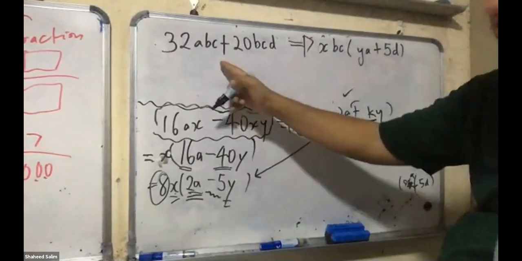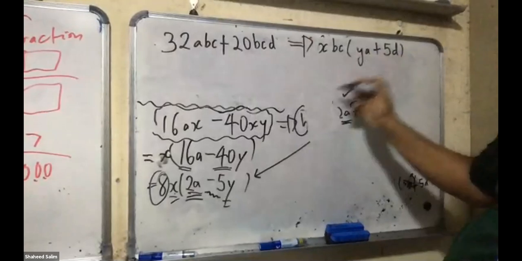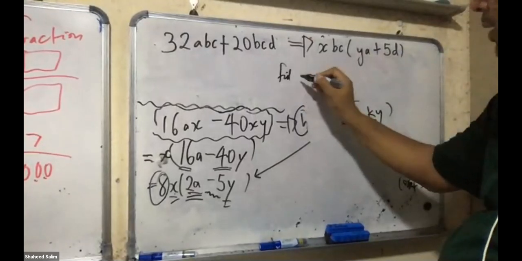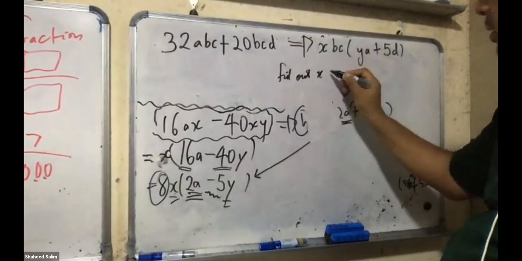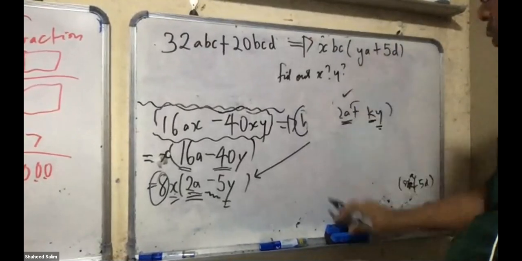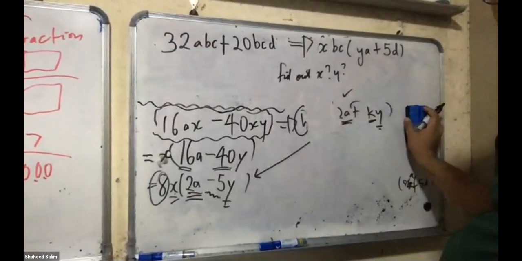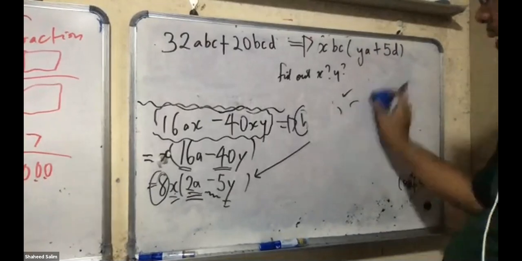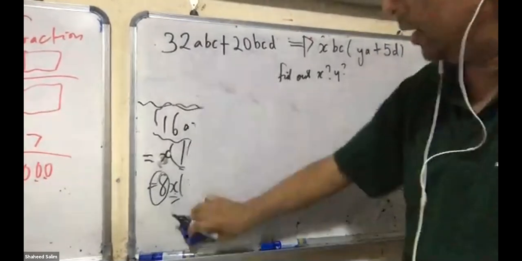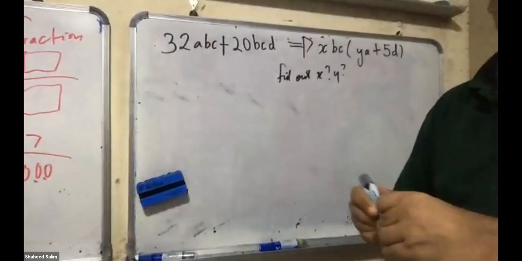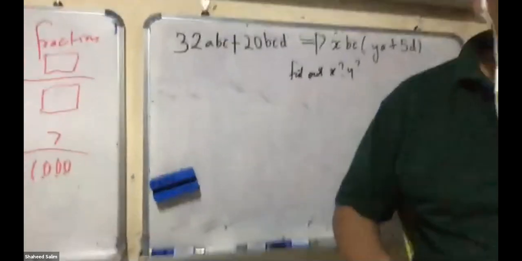Now, you're supposed to factorize this in this form and find out what is x and what is the value of y. Okay? You know what to do? You try. You okay, Emma?